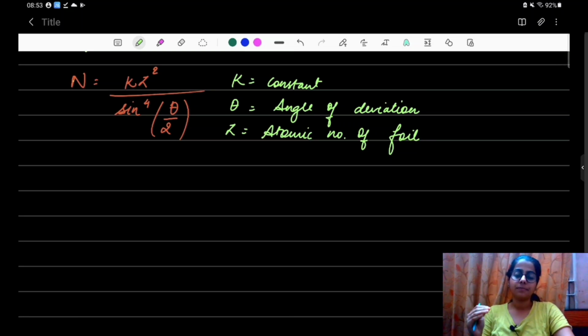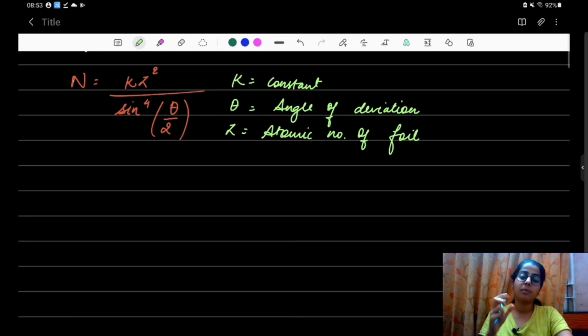So these were the things with the help of which the number of alpha particles deviated at a particular angle theta can be known.